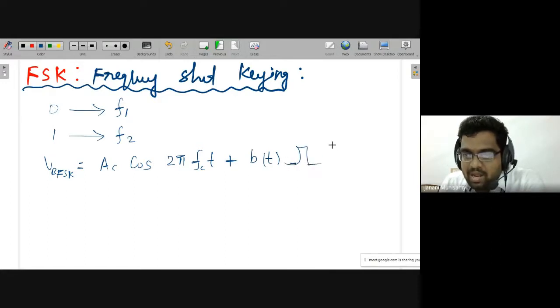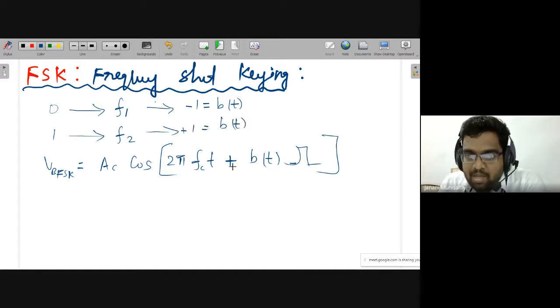That omega indicates some fixed frequency. Here, b(t) may be -1 or +1. Whenever it is 0, we assign -1 for b(t), and whenever it is 1, we assign +1 for b(t).